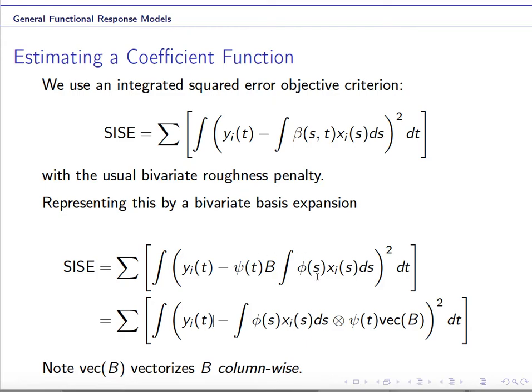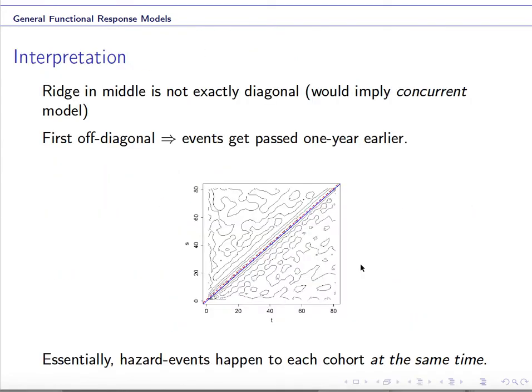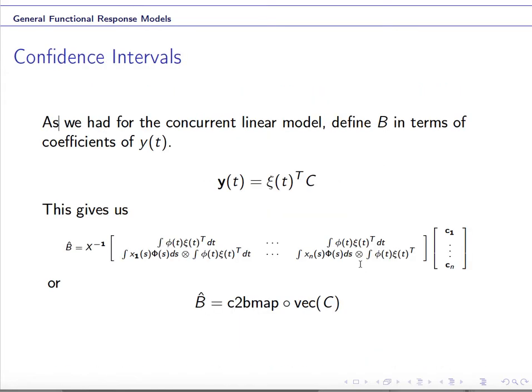To derive the estimation, we have to use the Kronecker product in the formula. We also talked about the confidence intervals. Although these models look complicated, in the end we can still write the coefficients as a matrix times the basis coefficients for y.